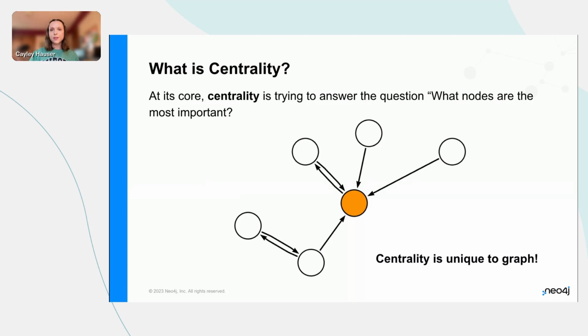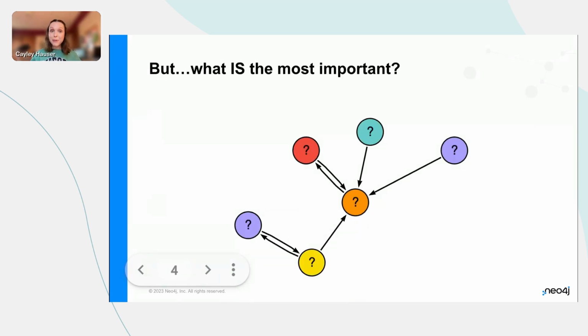And it's a question that there's not really a one-to-one comparison for some of our traditional tabular machine learning models. Now, of course, if I ask you what is the most important node in your graph, the answer is always going to be, well, it depends. It depends on your graph. It depends on your question. There's no one size fits all answer to the question, what is the most important part of my graph?